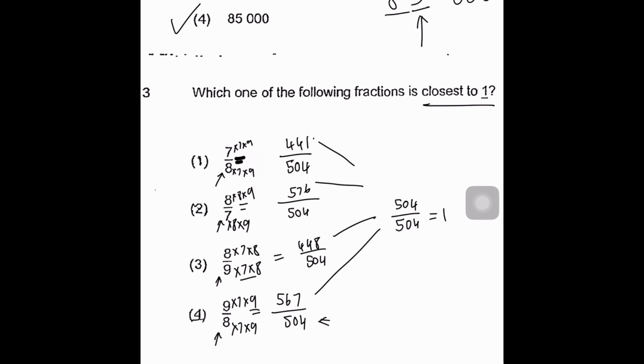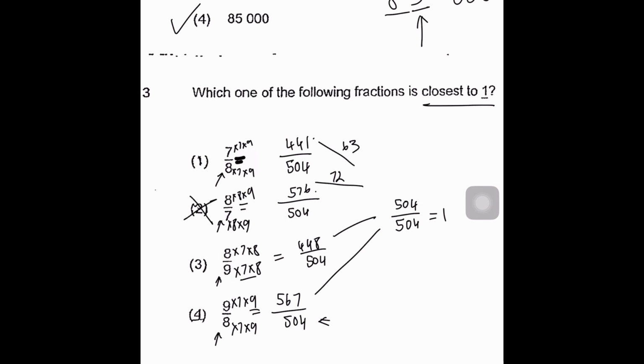So is 441 closer or 576 closer to 504? So the difference between 504 and 441 would be 63, and the difference between 576 and 504 would be 72. So obviously, option 1 is closer, so option 2 is out.